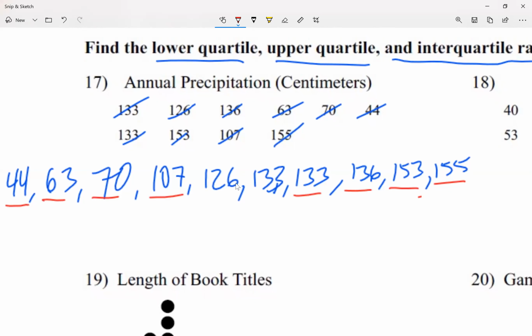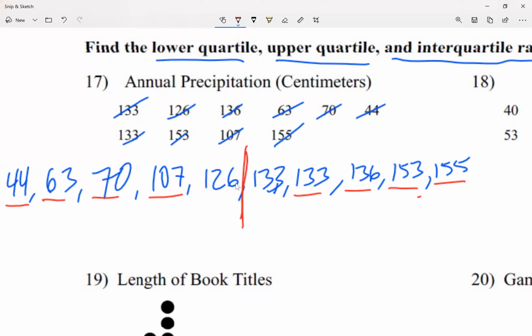All right. So then I happen to see that I have two numbers in the middle. I'll come back to that in a minute. Let me just draw a little line right here. My question could be, what's the number in between 126 and 133? I'll worry about that in a minute, okay? Let me put this line right in the middle.